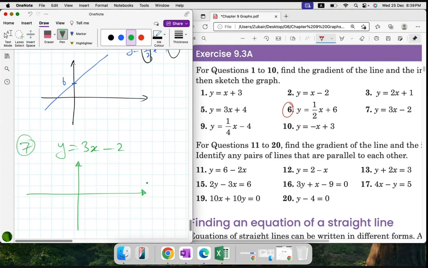This is y is equal to 3x minus 2. This is correct. So we have a positive gradient and a negative y-intercept. And yes, that is correct.